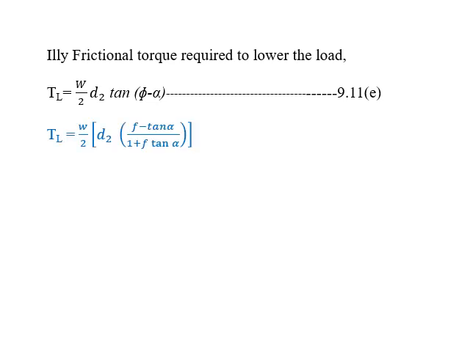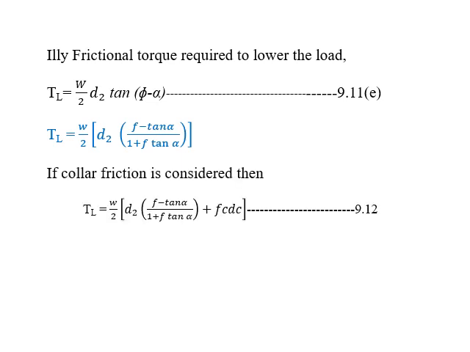So we can rewrite this as TL is equal to W by 2 into d2 into (f minus tan alpha) divided by (1 plus f tan alpha). If the collar friction is added, then that part will be added to the equation, nothing but Fc dc. You can get it in the 9.12 equation of the design data handbook.